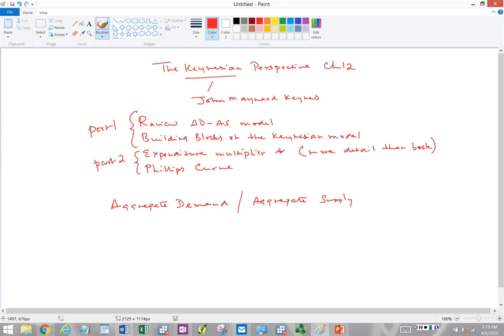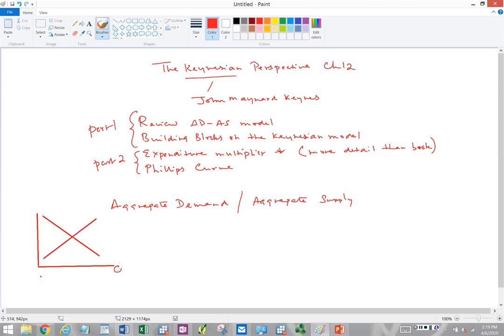Now, you're familiar with the traditional diagram for a competitive market, correct? It's basically a diagram like this. You have a quantity axis, you have a price axis, you have a demand curve that is negatively sloped because of the law of demand, and you have a supply curve that is positively sloped because of the law of supply, correct?